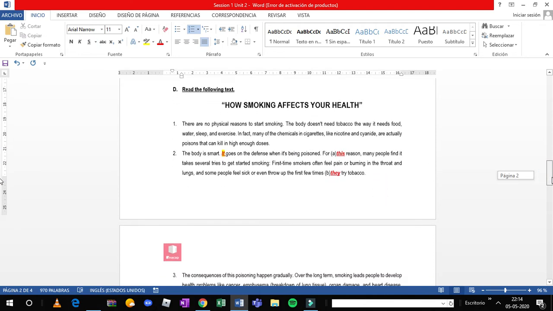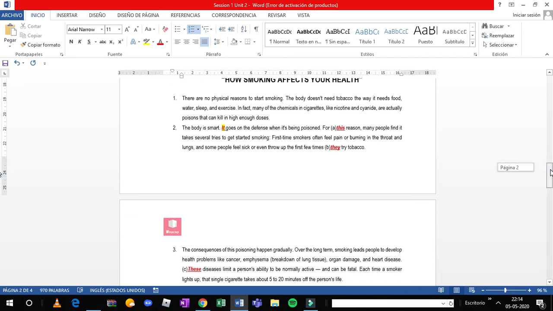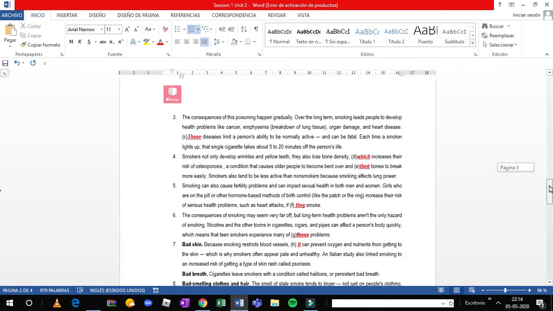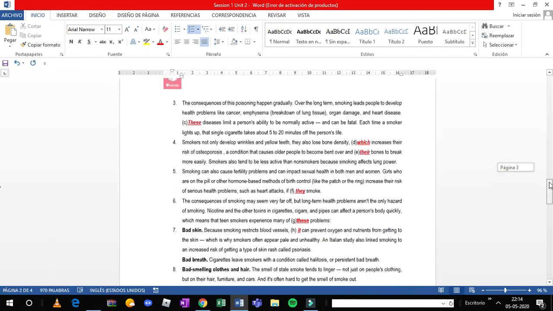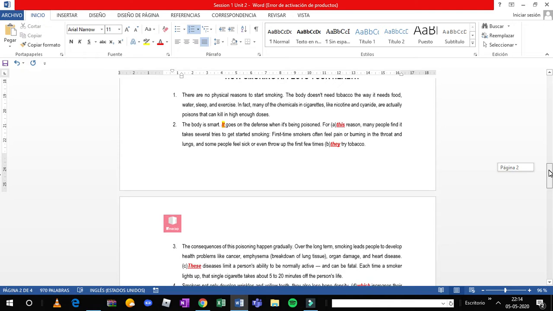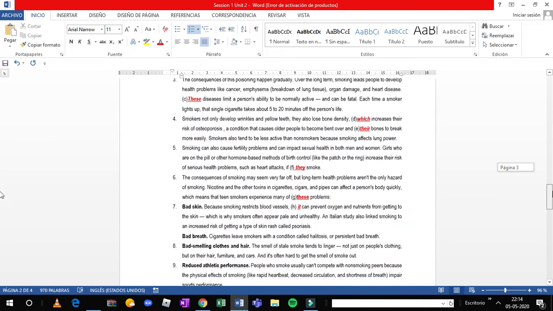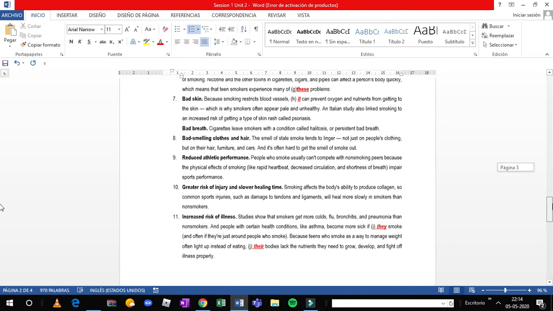In almost each paragraph, we can find some reference words. Here, paragraphs are numbered 3, 4, 5, until number 11. Notice that in most paragraphs there are reference words. Not all of them, just in a few.